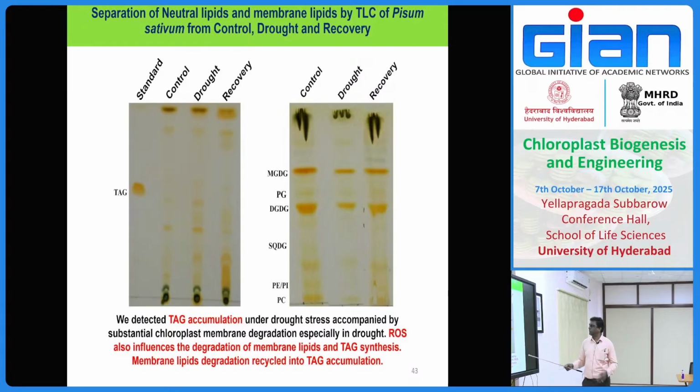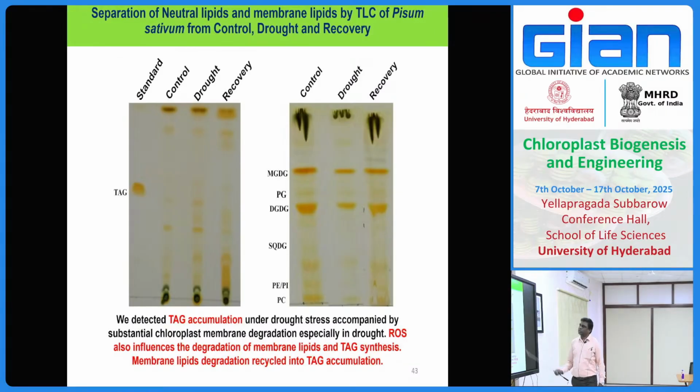Different organic solvents matter. You can see here in drought stress, MGDG is reduced, and DGDG and PG, that means they have been converted. They have actually degraded. This is coming back to the control level in the recovery, but not fully up to it. SQDG also changed.